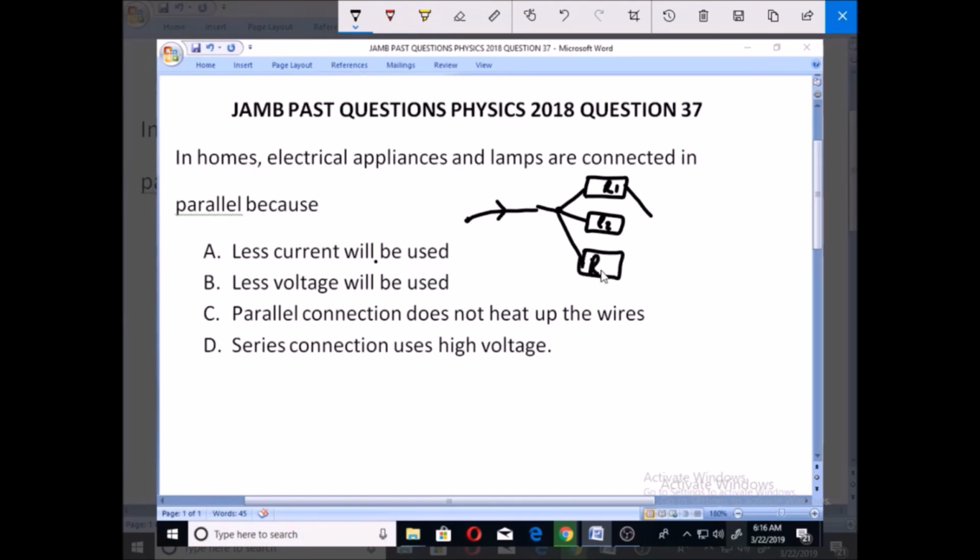So this is what we call parallel connection. We have the same voltage across these ends but different currents depending on the load. So that is what we call parallel connection. The voltage across all of them is the same voltage across the terminals, but depending on the R, which is the load, you're having different currents.